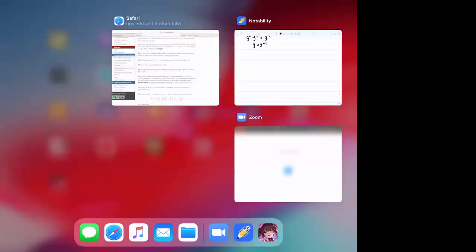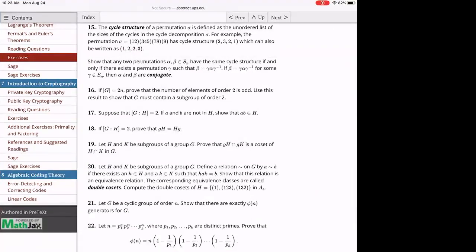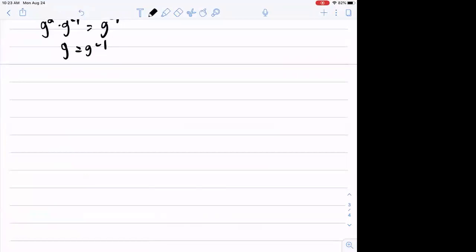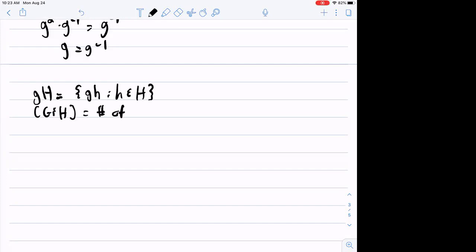What problem should we do? Let's do something with cosets. Yeah, let's do 17. Suppose, recall cosets, right? GH is the set of gh for h in H, right? And the index [G:H] is the number of distinct left cosets of H. I'll do left; there's a theorem that says the number of left is equal to the number of right.